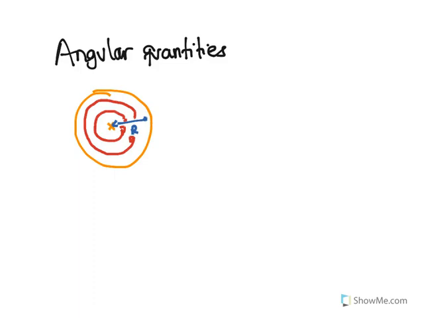Now, since we're not going to analyze particle by particle, there is a convenient way of analyzing this, and this is called the angular quantities. Instead of seeing the straight trajectory, we're going to be analyzing the angle, and we call theta the angular displacement. If I start at time 0 here, we can call that 0, and then at a certain time I end up in another place.